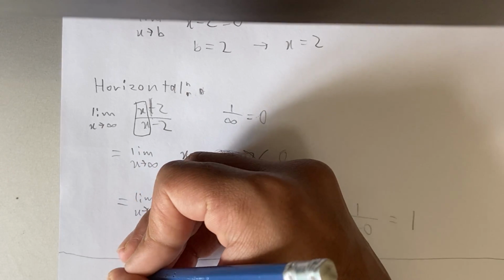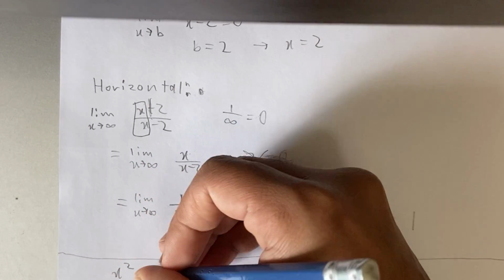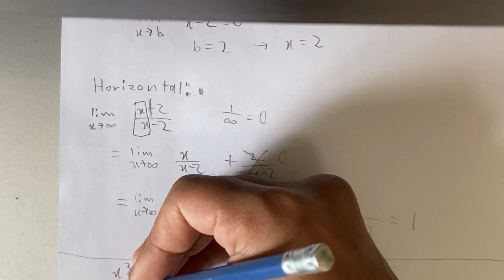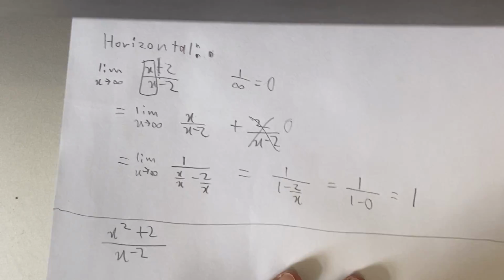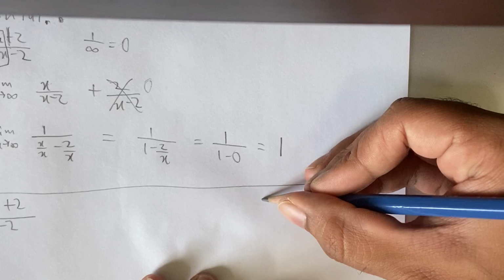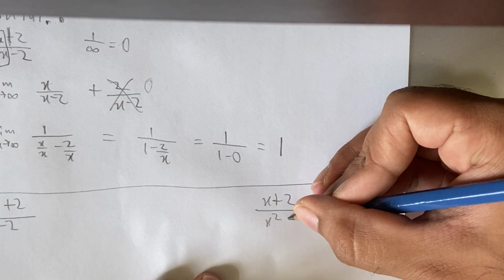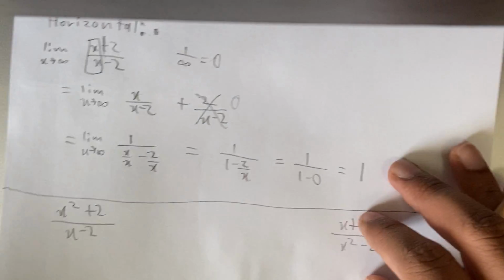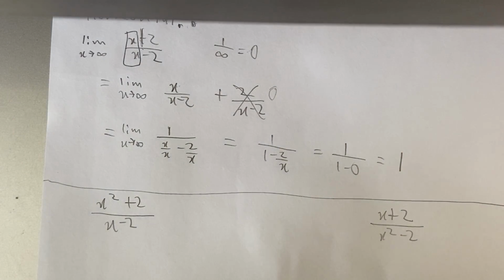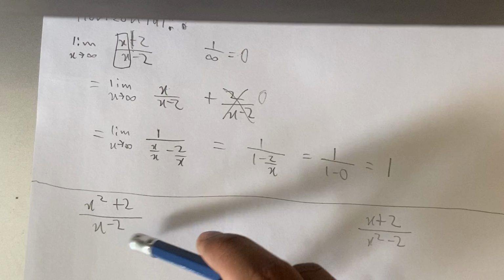So for example, if you have x squared plus 2 over x minus 2, or if you have x plus 2 over x squared minus 2, then you get completely different results. So let's look over here.